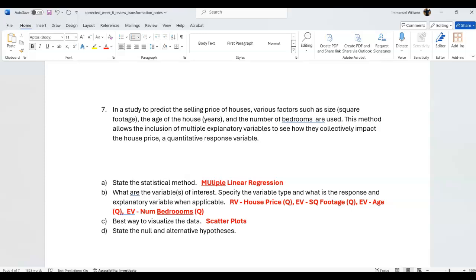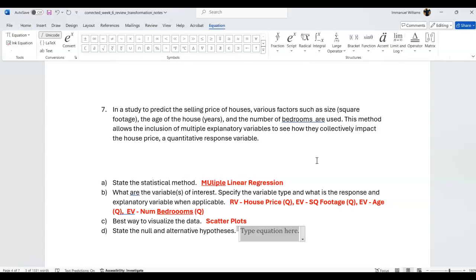So technically, in this situation, there are two hypotheses. We're only going to highlight one of them. The first one is testing if all the regression coefficients are equal to 0. H0, the null hypothesis. This is the omnibus test.